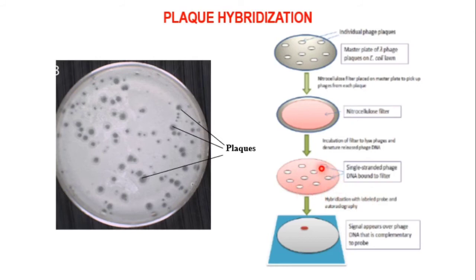At that time the unbound probes will be removed, and the specific probe will remain bound on the specific area. These probes are marked with radio isotopes, so we'll expose this nitrocellulose membrane to check the radiation emission.